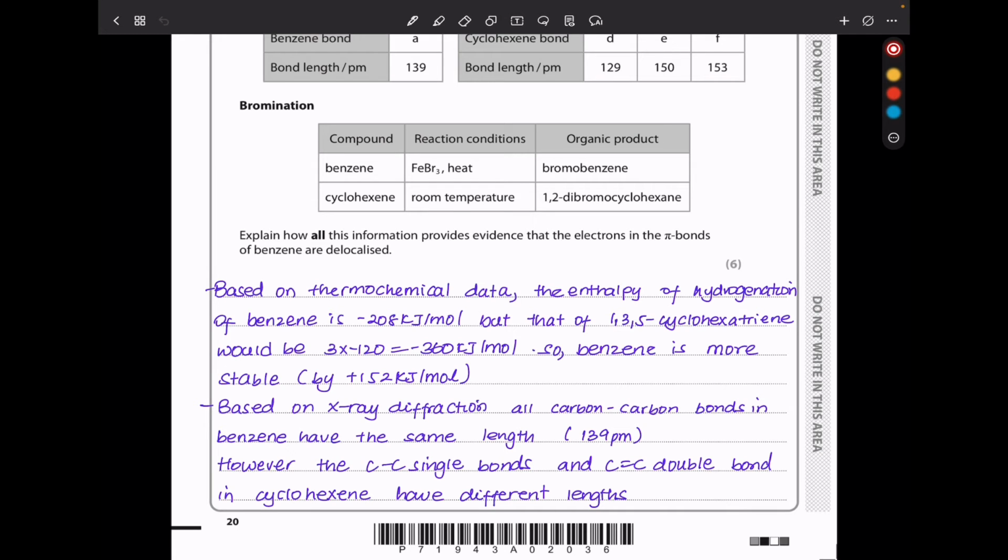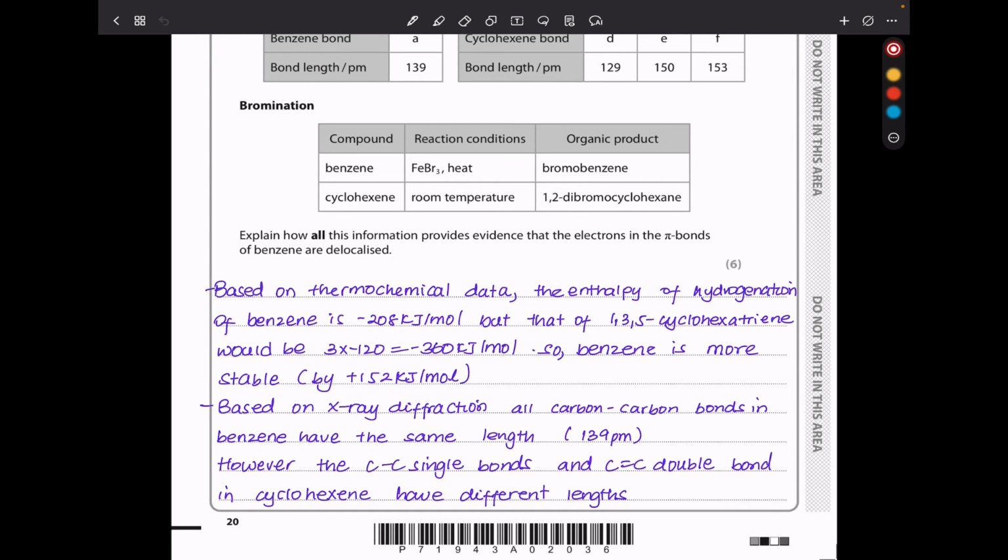My answer included information discussing all the points above. Based on thermochemical data, the enthalpy change of hydrogenation of benzene is -208 kJ per mole, but that of 1,3,5-cyclohexatriene would be 3 times -120, which is -360 kJ per mole. This is the would-be theoretical Kekulé structure.